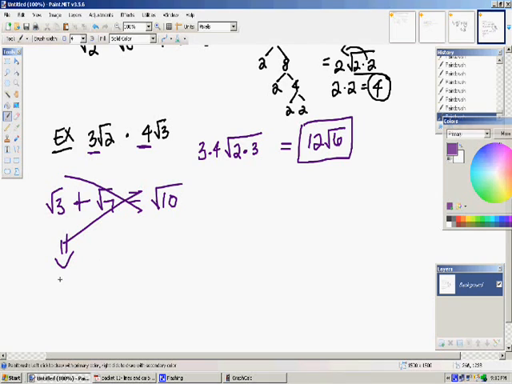Square root of 3 actually equals, if you were to do it in decimal form, 1.7. Square root of 7 in decimal form is equal to 2.6. And when you add these two together, they equal 4.3. The square root of 10 right here is actually equal to 3.2. So as you can see, these two numbers don't match up, and so this method doesn't work. It only works for multiplying radicals.